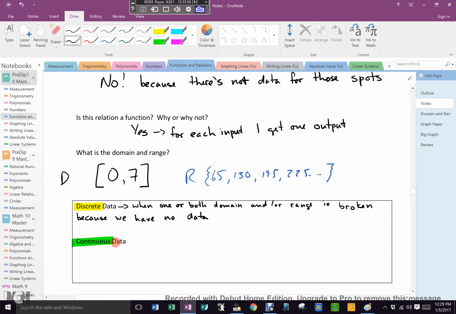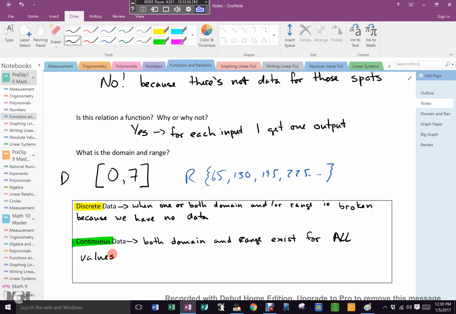Continuous data, both domain and range exist for all values. Okay, and we're going to do a bunch of examples of it right now.